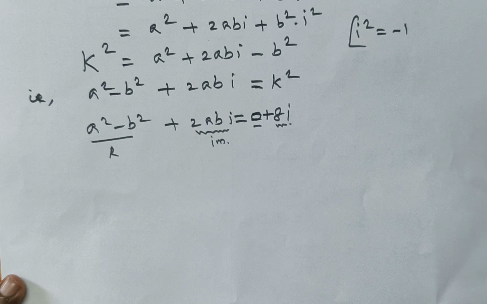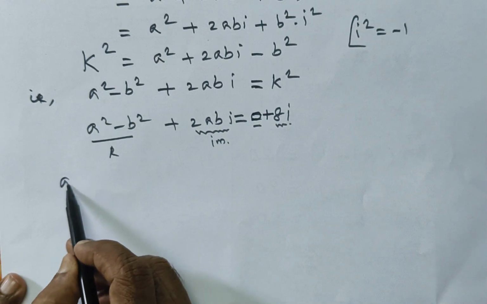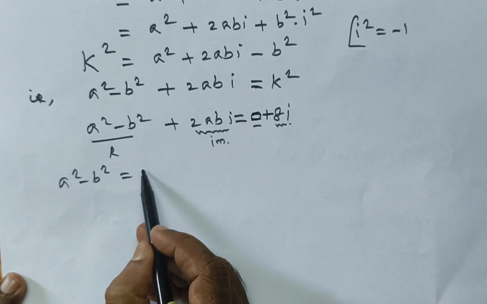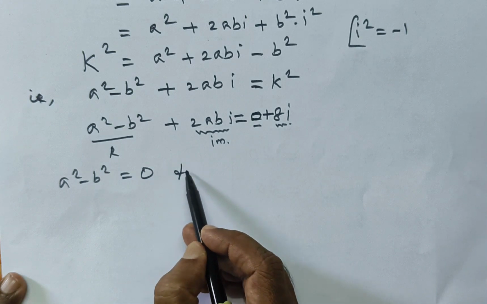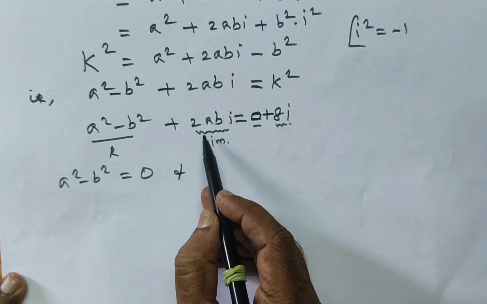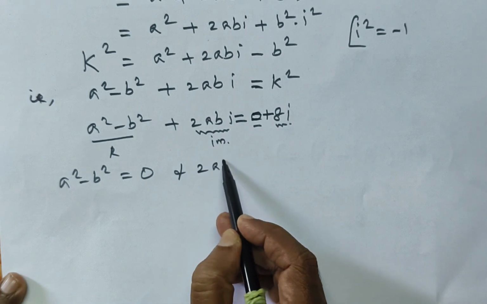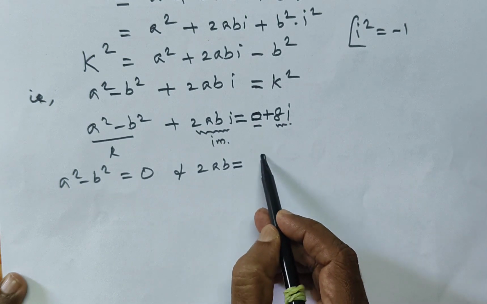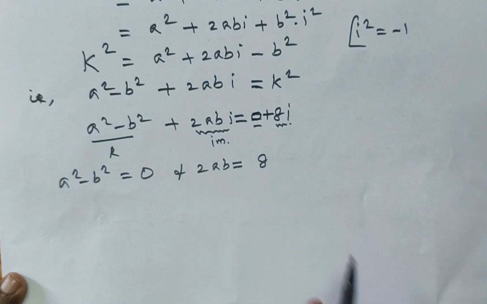Now, a squared minus b squared is equal to 0 and 2ab is equal to 8. This is the imaginary part.